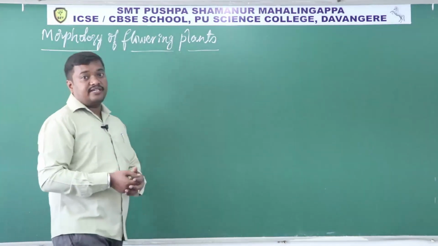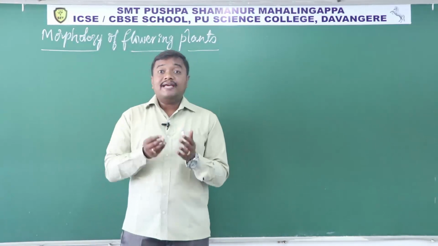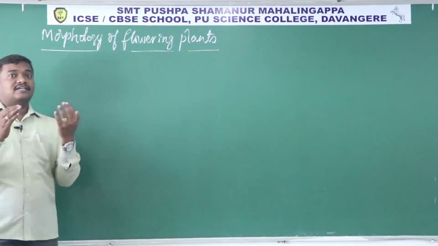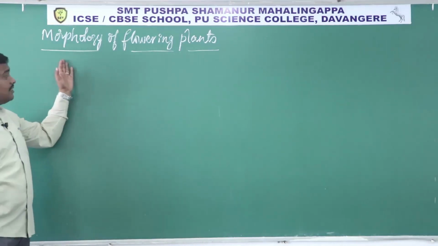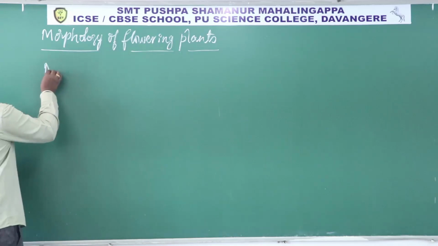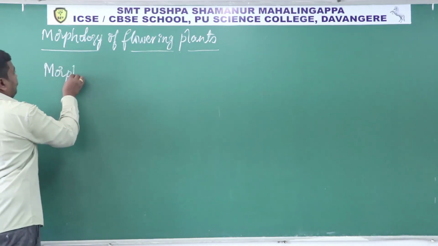Like that we can categorize based on external appearance itself. The study of the external appearance of the plant is nothing but morphology. Morphology is the study of external features.